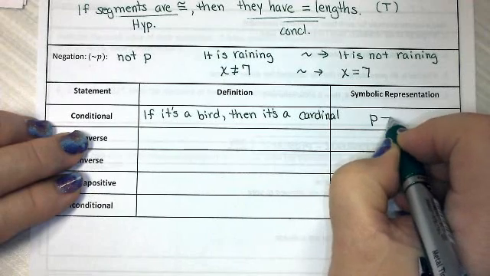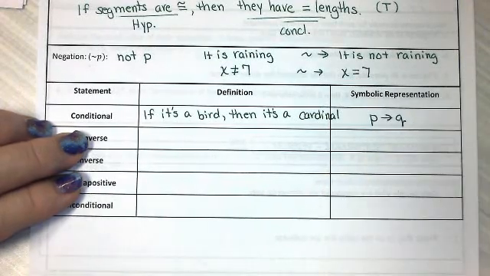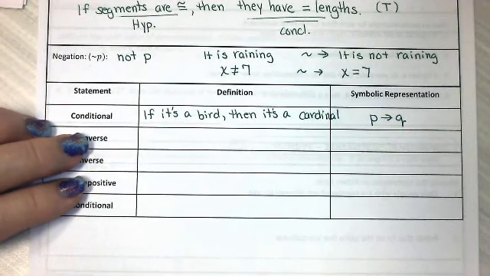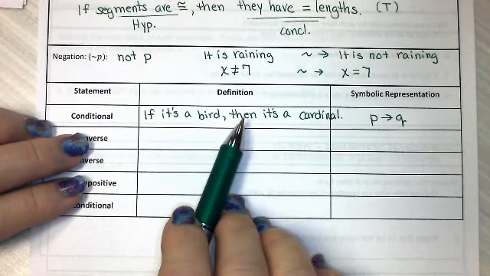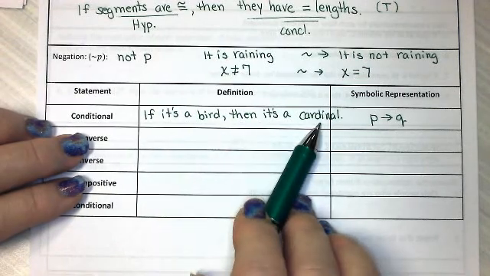So that's my if P, then Q. Now, is that a true statement? When you read these, read it as if it's a bird, then it has to be a cardinal. Well, no, it doesn't have to be a cardinal.